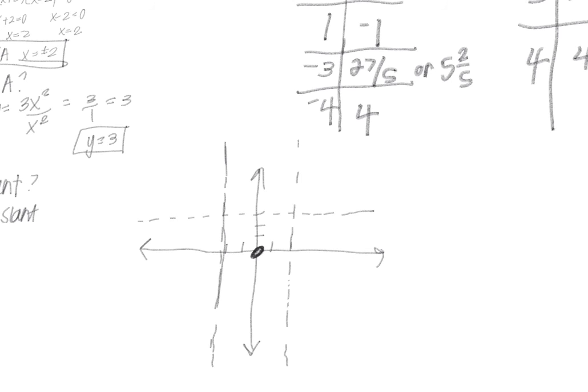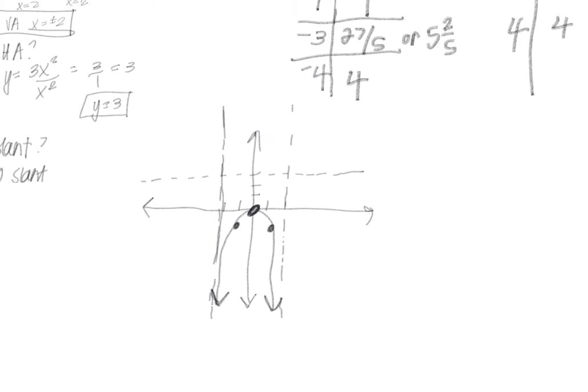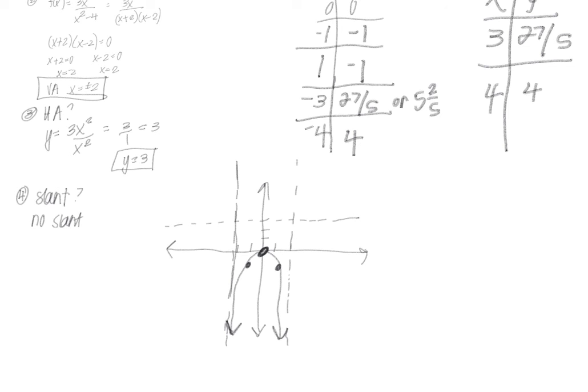So when I plugged in 1 and -1, I got y values of -1, so these points right here. So it looks like the graph right here is doing this. Now, if I plot the point -3 and 5 2/5, so 4, 5, 6, we'll just call that.